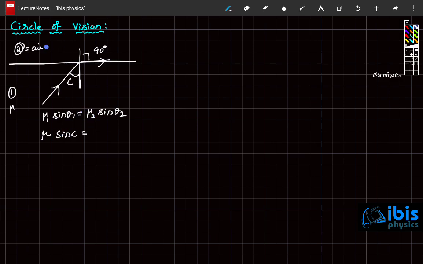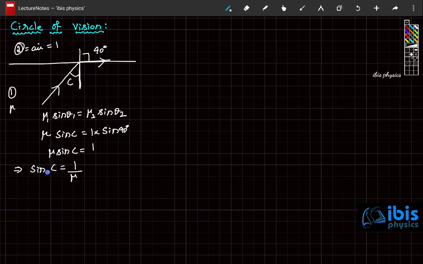Mu2 is air, so its refractive index is 1, and the sine of the angle is sin 90 degrees because that is the critical angle. Only then does light graze the boundary. So mu sin C equals 1, which implies sin of the critical angle is equal to 1 by mu.